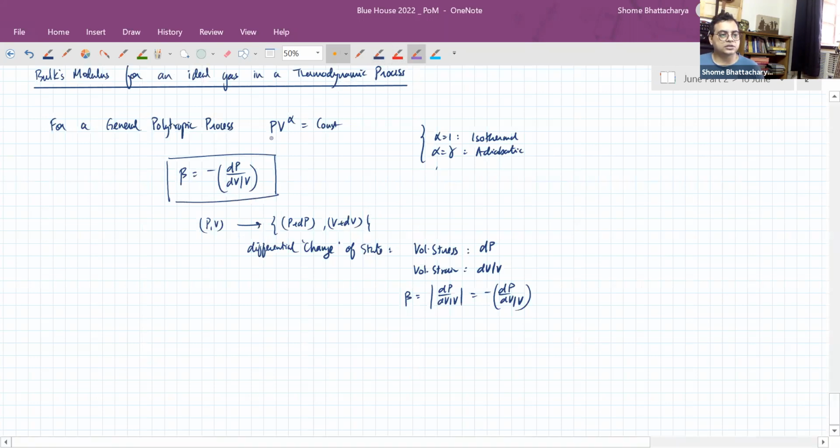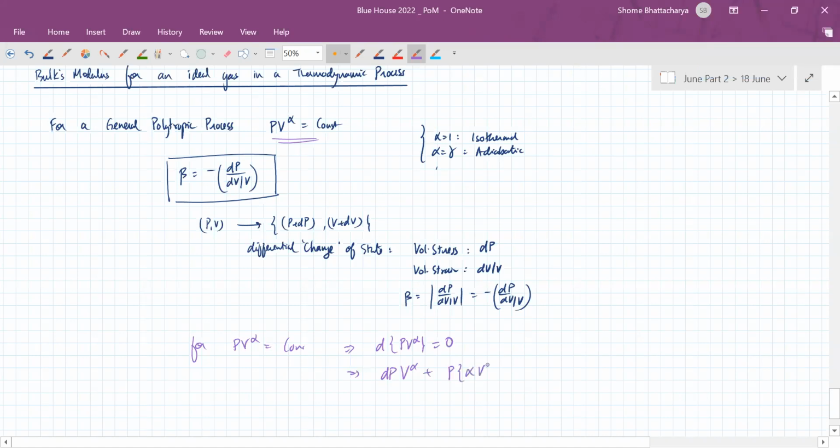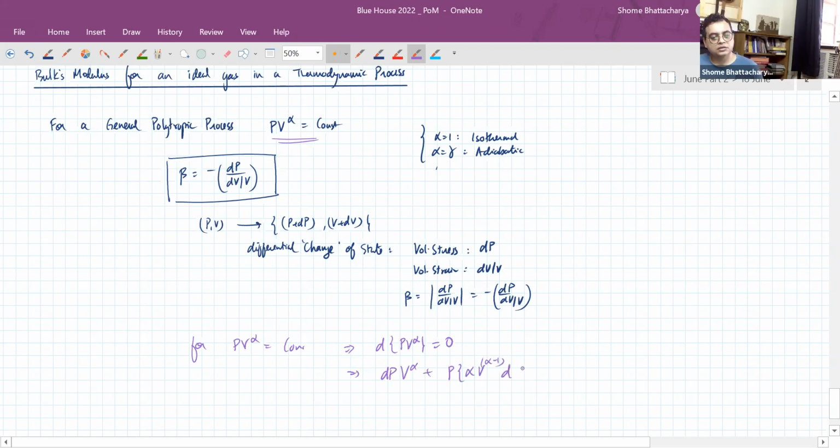Now if we take the polytropic process, for PV to the power alpha equal to constant, the change in this quantity should be 0. So dP into V to the power alpha plus P into alpha V to the power alpha minus 1 dV should be 0. If we take V to the power alpha minus 1 common, we have V dP plus alpha P dV equal to 0.